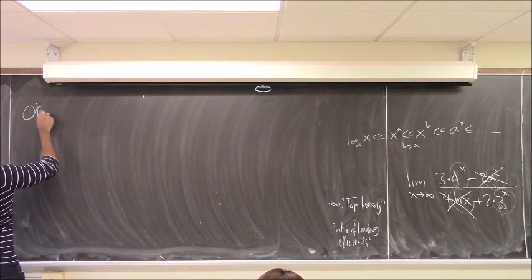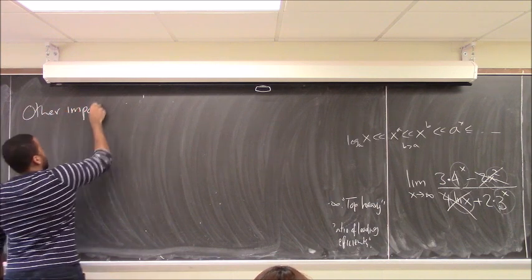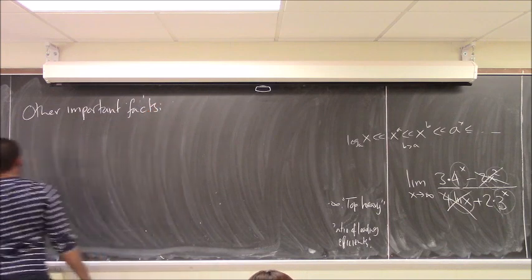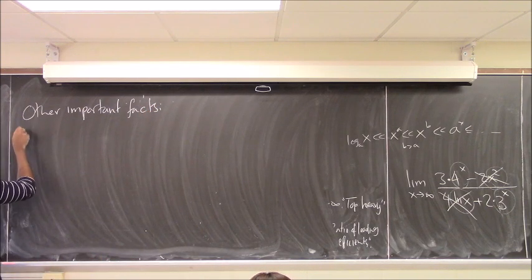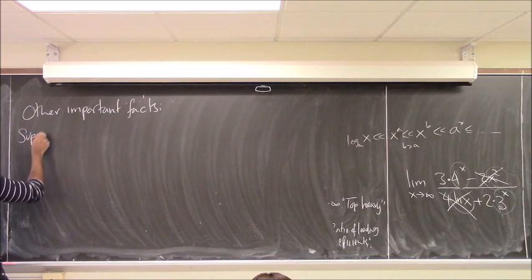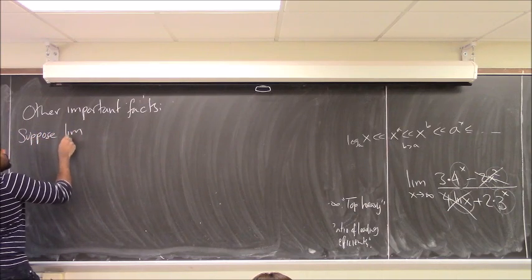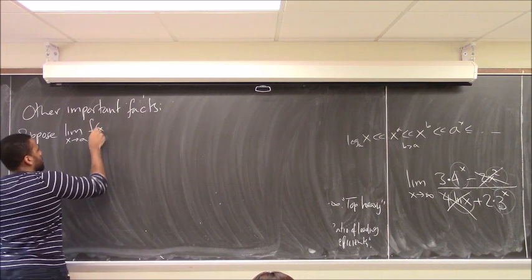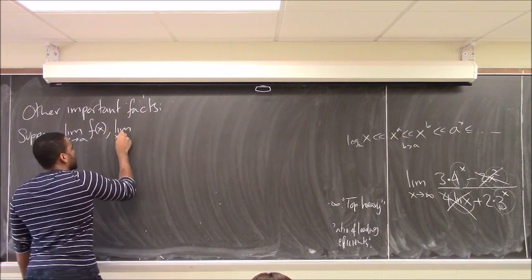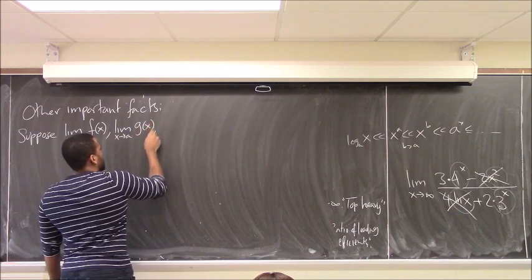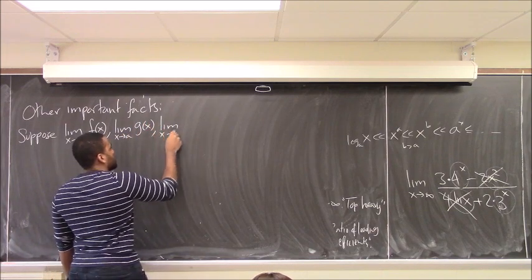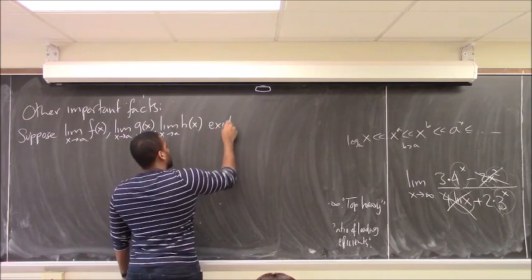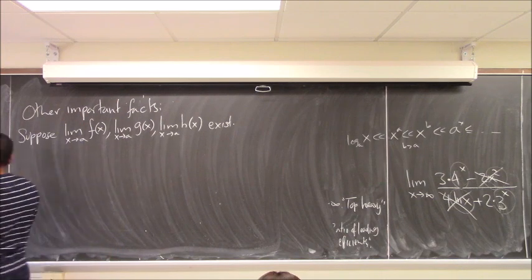Other important facts that lead to special techniques. Suppose I have three functions f of x, g of x, and h of x. Suppose these limits exist, so they do give us some meaningful answer.